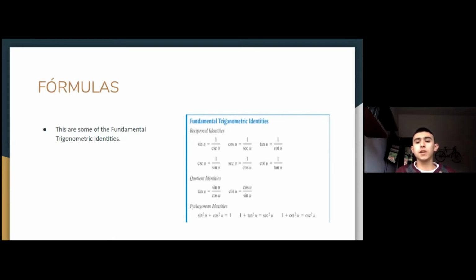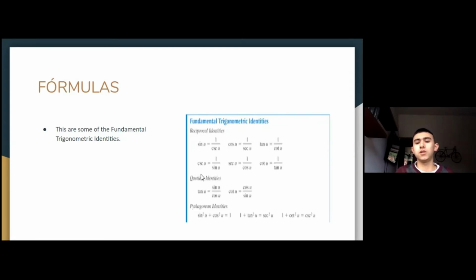The quotient identities, in this case, there are only two, which are tangent of u, which is sin of u divided by cosine of u, and cotangent of u, which is basically tangent but the other way around.